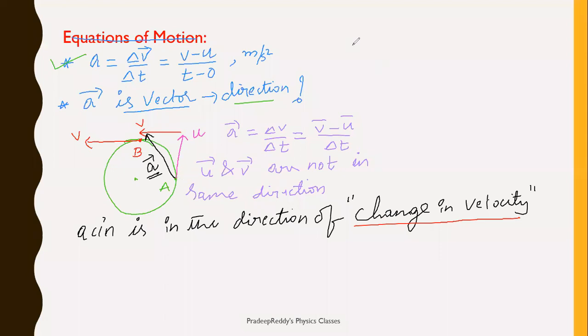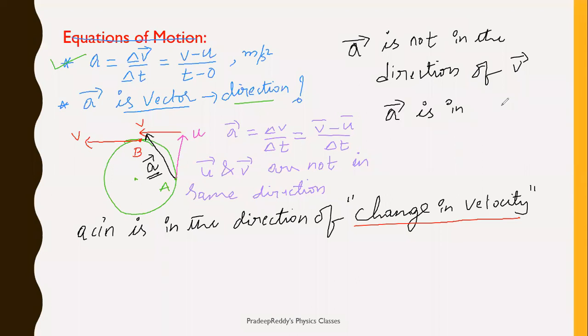Therefore remember, a vector is not in the direction of v. a bar and v bar are not in the same direction, but a bar is in the direction of delta v.